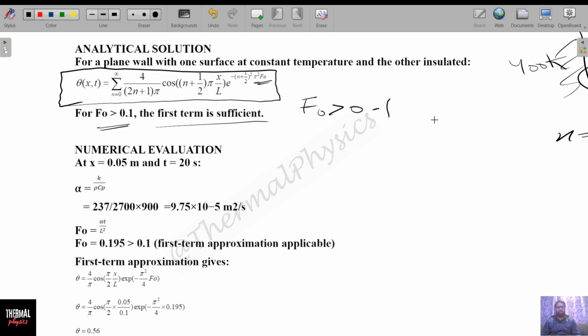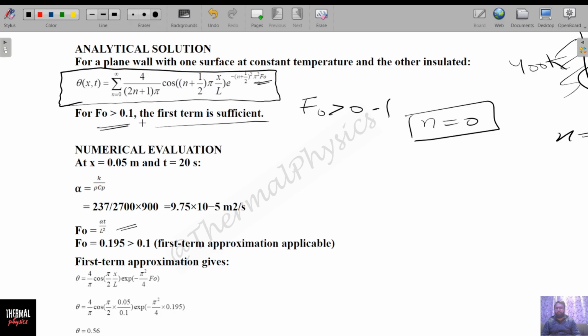We can take only the very first term, the n is equal to 0 term, and that term will contain all the accuracy that we need for practical purpose, provided the Fourier number is greater than 0.1. So we need to find the Fourier number first. Now the Fourier number by definition here is alpha t divided by L square.